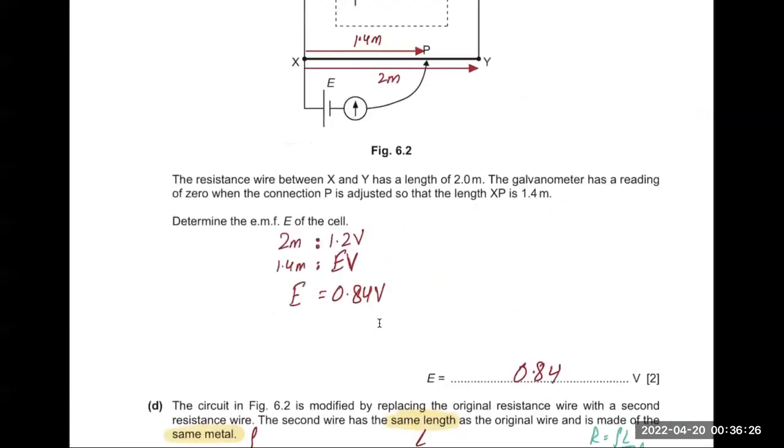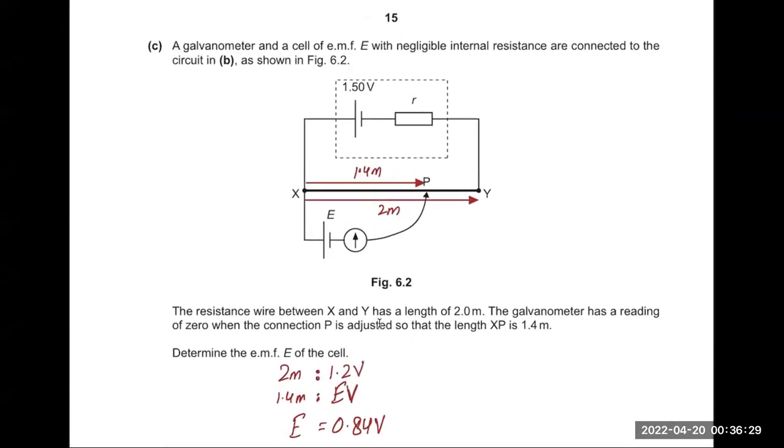Because the second wire has a larger resistance, the drop across that total wire would also be greater. For the first case, the potential drop across this 2 meters was 1.2 volts. For the second wire, the potential difference across this would be, let's say, 1.4 volts.